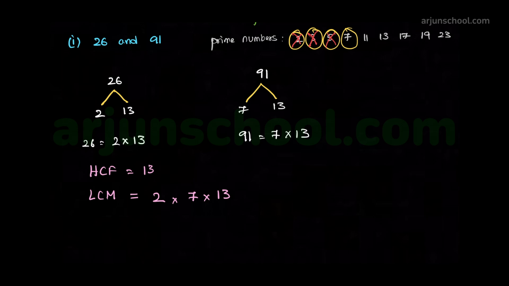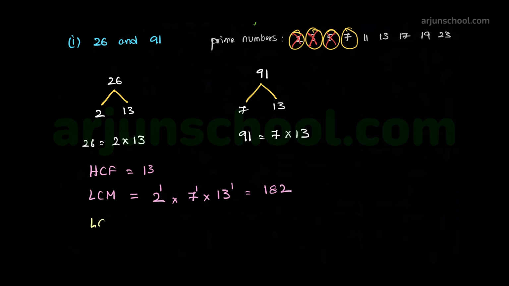And the highest power of 2, 7 and 13 in both the numbers is 1, 1 and 1 respectively. Therefore LCM can be written as 2 power 1 into 7 power 1 into 13 power 1, which is equal to 182. 2 times 7 is 14 and 14 times 13 is 182.